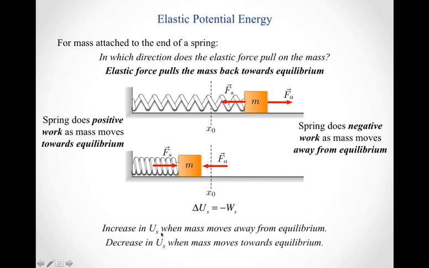On the other hand, if I move back towards equilibrium, well, now the spring does positive work, and so that positive work multiplied by that minus sign tells me that I'm decreasing the elastic potential energy. The elastic potential energy increases as you move away from equilibrium and move against the spring force. The elastic potential energy decreases as you move back towards equilibrium and move with the spring force.